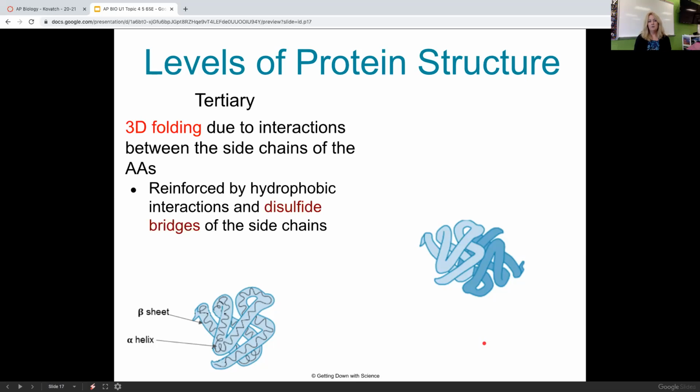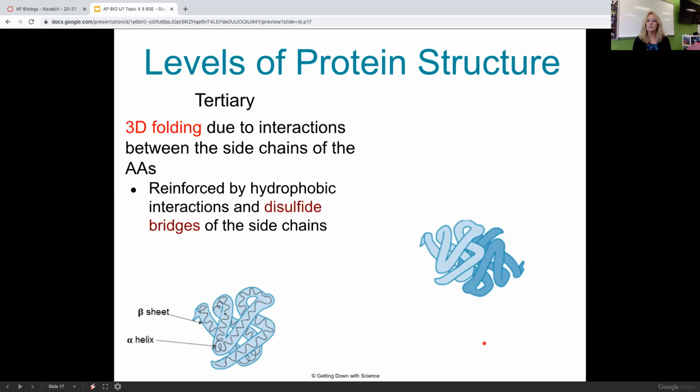The 3D folding due to those interactions in the tertiary level of protein structure are reinforced by hydrophobic interactions and disulfide bridges of the side chains. Disulfide bridges are bridges that are formed between sulfur and sulfur, and so those are found in the amino acid called cysteine.